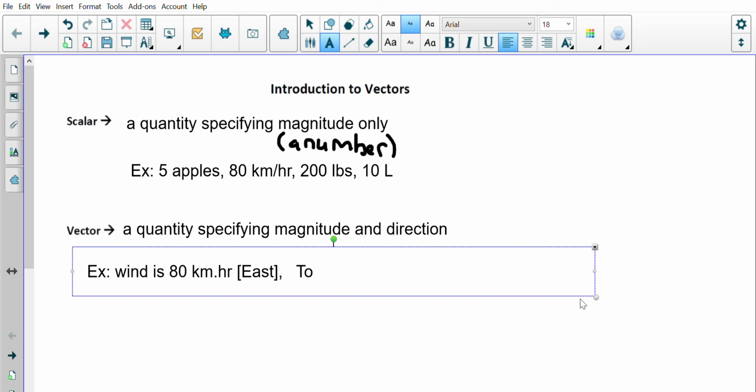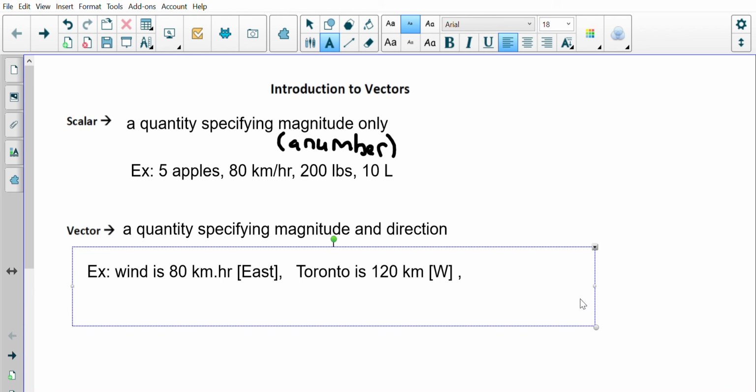Or for me anyways, Toronto is 120 kilometers west of me. Or for those in my physics class, we could say the acceleration due to gravity is 9.8 meters per second squared. And of course, the direction of gravity is down.